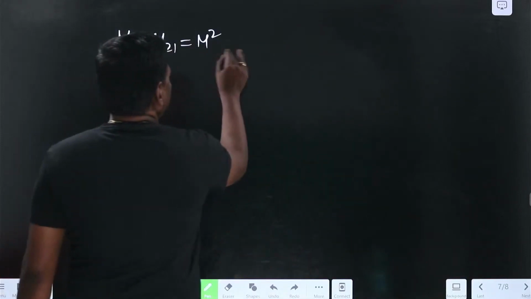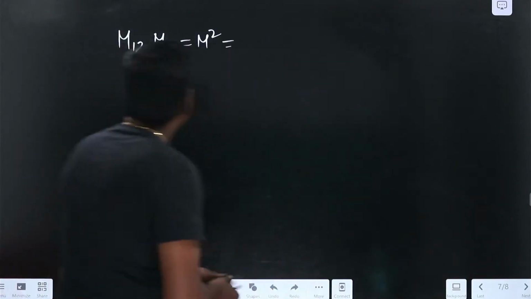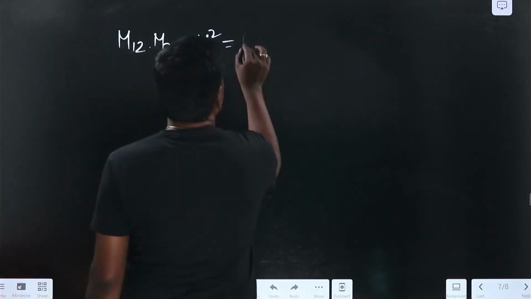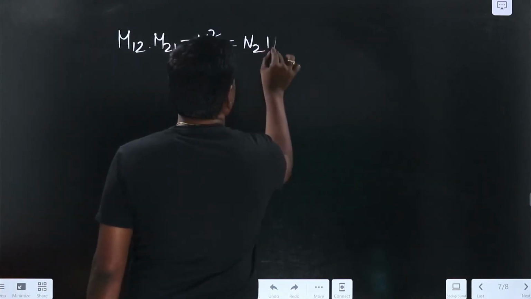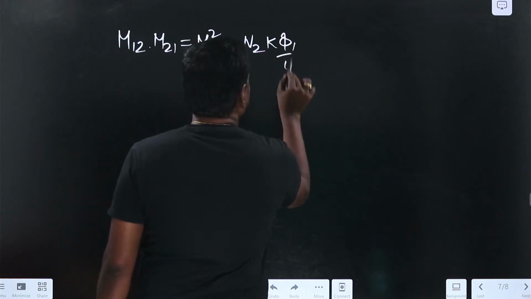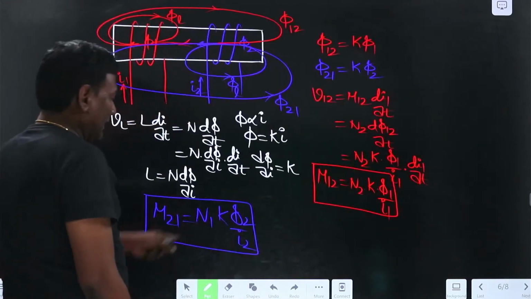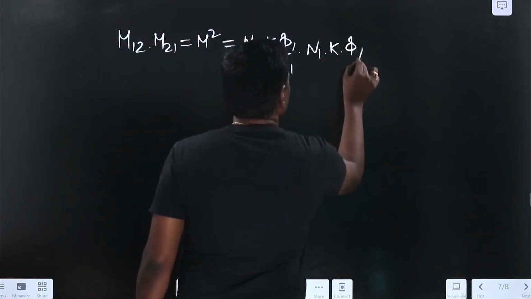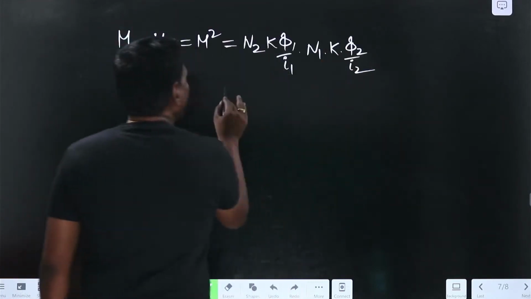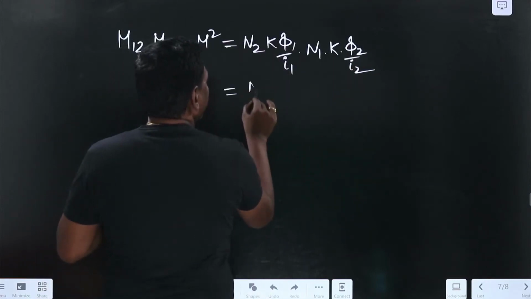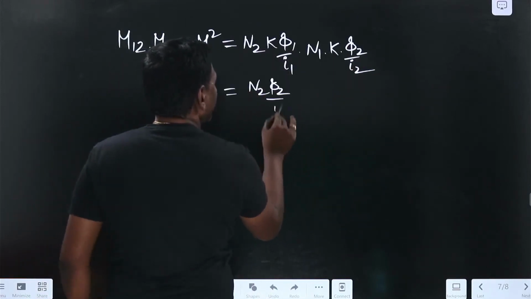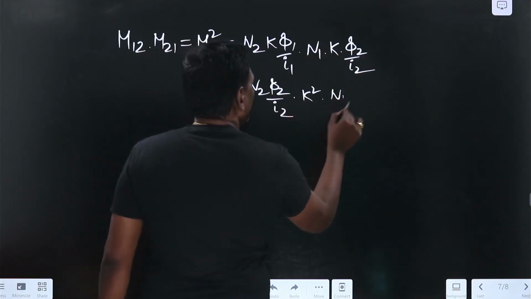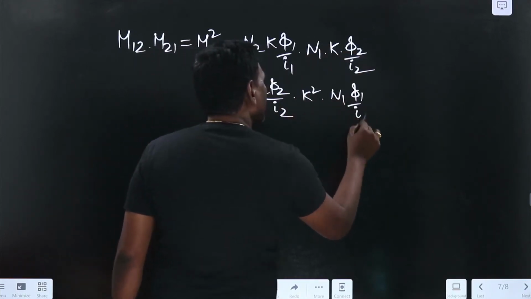Now M squared equals N2 k phi 1 by I1 into N1 k phi 2 by I2. Let me rewrite this as N2 phi 2 by I2 into k squared into N1 phi 1 by I1.